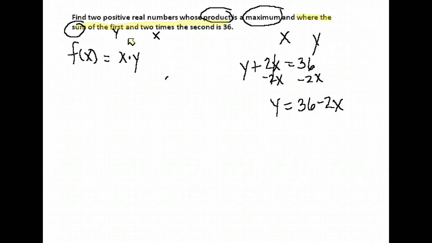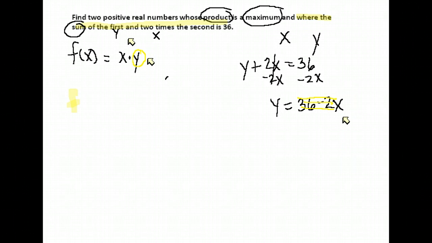Now, my whole goal there was so that I could remove one of the variables from this function over here. I'm going to do that because I know that y is the same thing as 36 minus 2x. So I'm able to take 36 minus 2x. It's the same thing as y, so I can put it right where the y is in this equation.